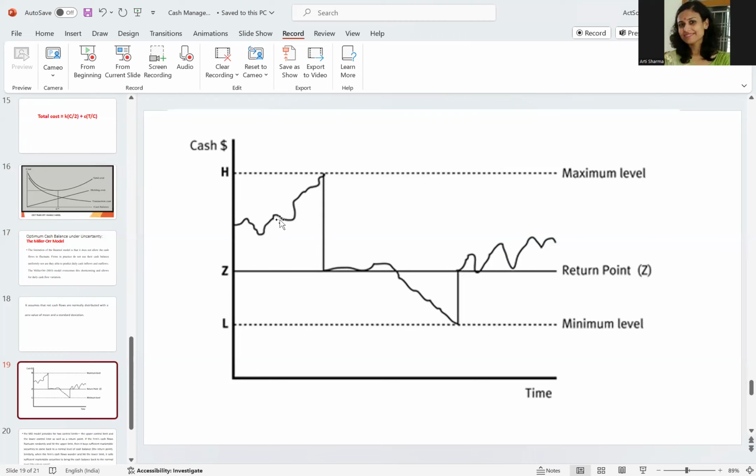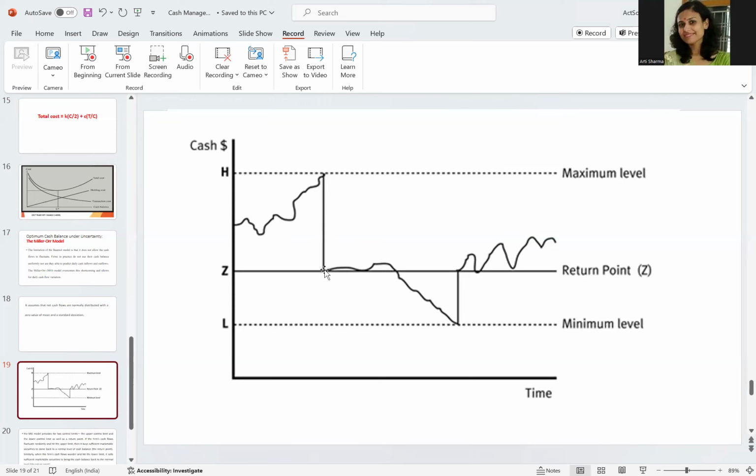its level decreases. So whenever our cash is in excess and it touches a maximum level, we invest our excess cash in the short term securities or the marketable securities, so that its total balance gets down to a particular point, that is called the reorder point.